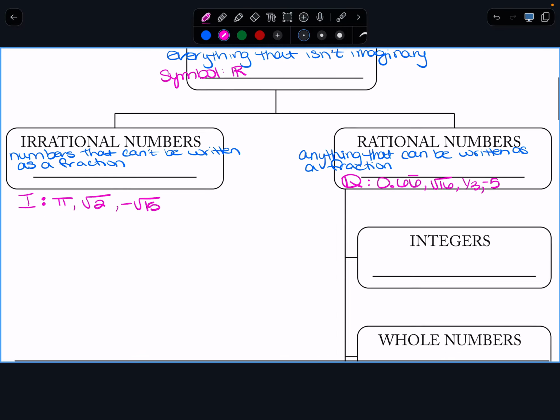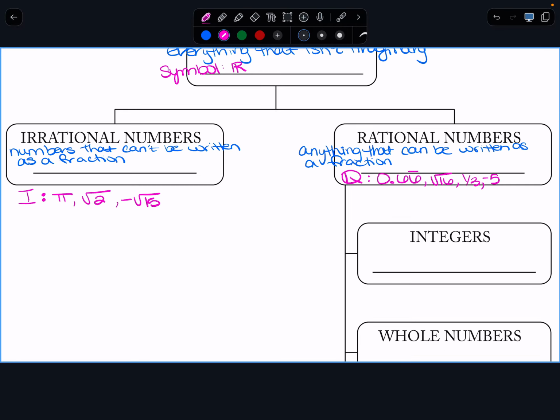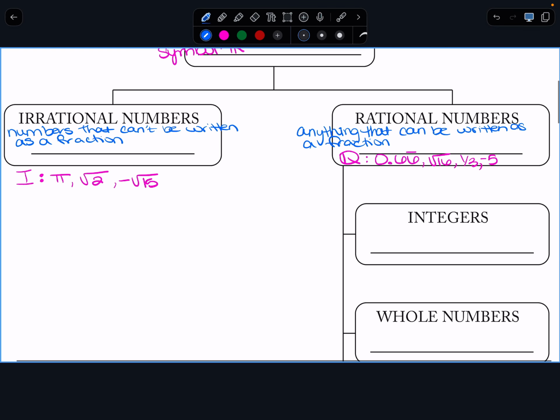Questions that you guys have so far? Integers are like, it's not fractions. That's basically what it boils down to, they're whole numbers, positive or negative whole numbers.